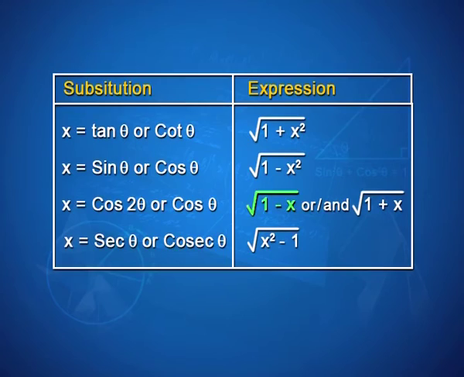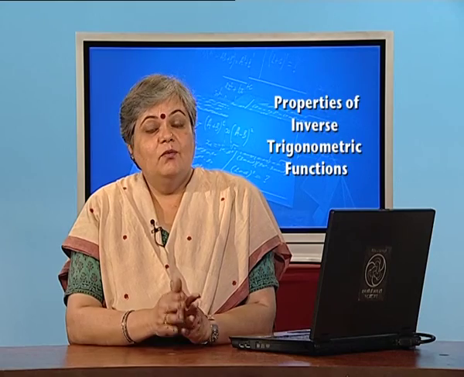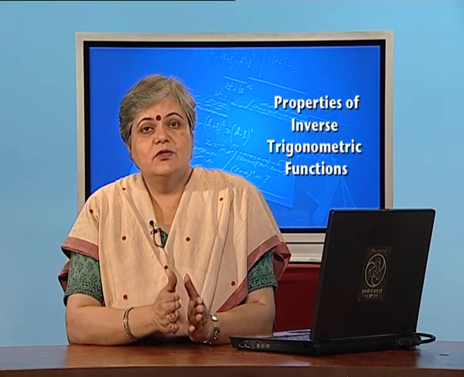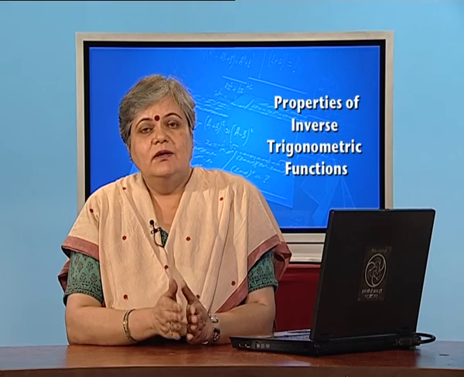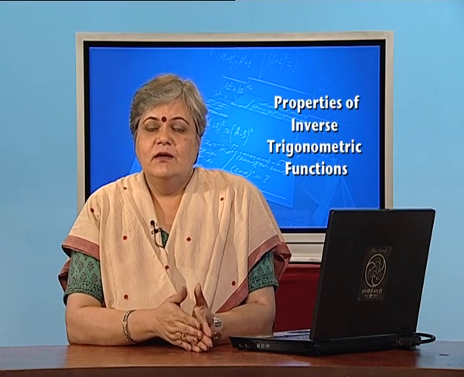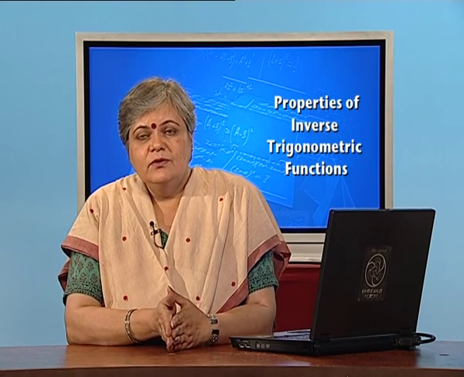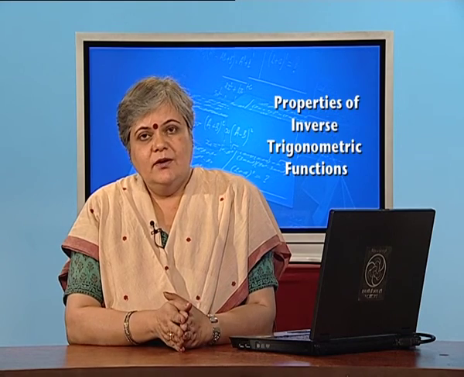Now, suppose I have root of 1 minus x, and it may be root of 1 plus x also, in the expression. Then very confidently you may take x as cos 2 theta or cos theta, because 1 minus cos theta is 2 sin square theta by 2, and 1 plus cos theta is 2 cos square theta by 2. Square root would be taken care of.